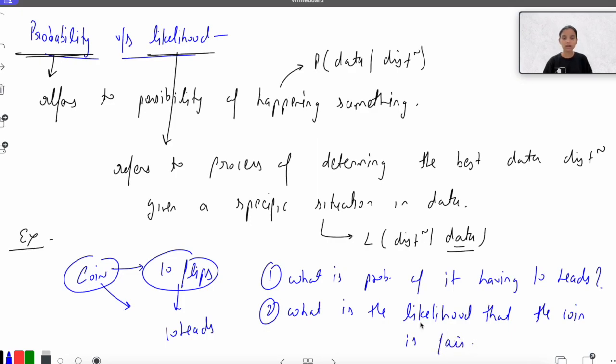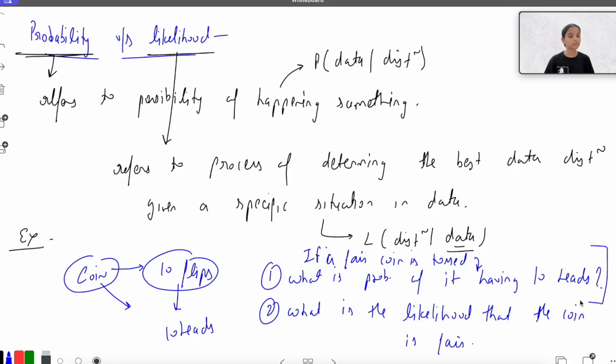So in the first question, if a fair coin is tossed 10 times, what is the probability of getting 10 heads?